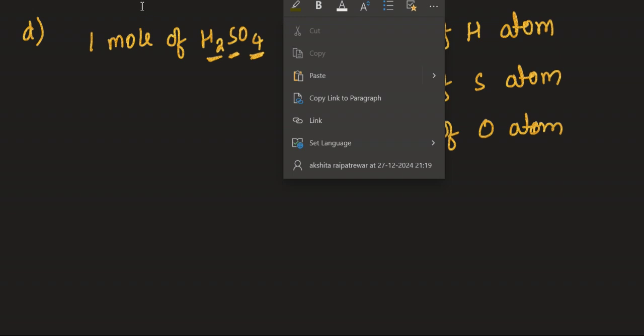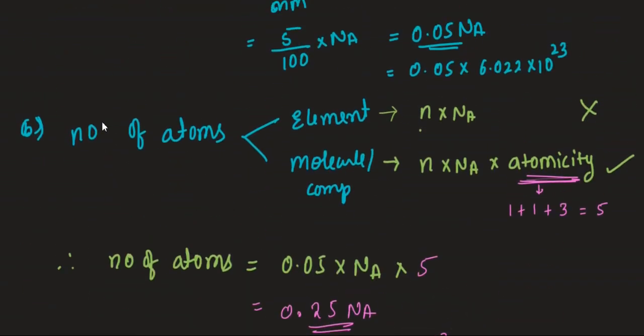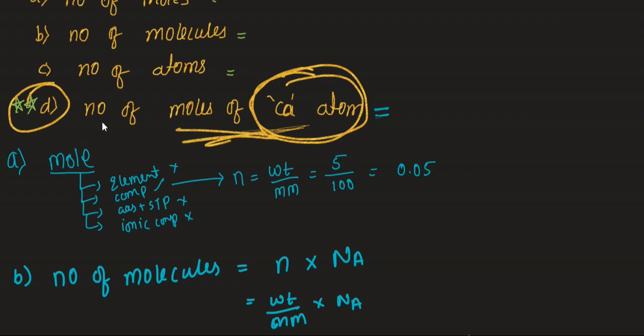But this time the question is related to calcium carbonate. So let us try to understand. 1 mole of calcium carbonate will contain, out of calcium carbonate, he is talking about what? Calcium atom, right? Know the difference between the C equation and the D equation. In C, he is asking number of atoms.